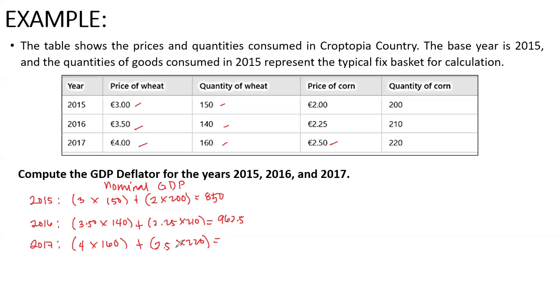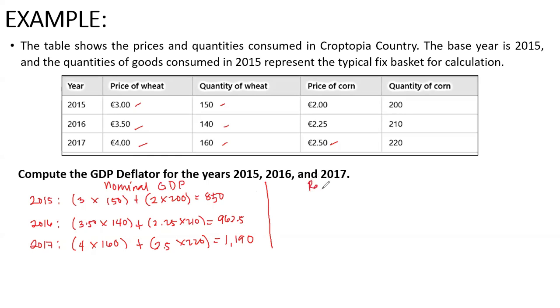So 550 plus 640 is 1,190. Let's check again: 4 times 160 plus 2.5 times 220 is 1,190. So this is now your nominal GDP.